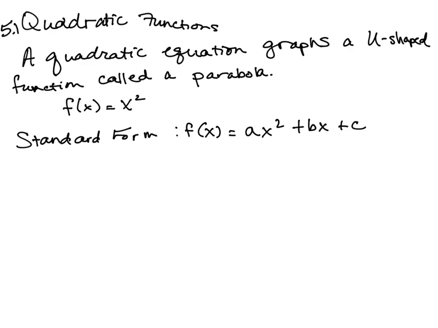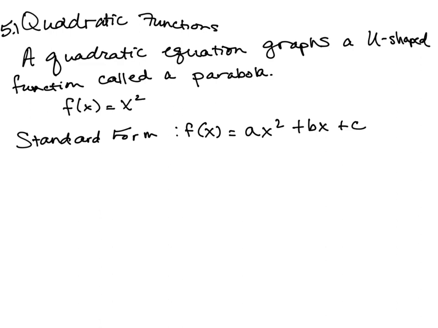But these parameters, that's what a, b, and c are called, tell us things about the graph of the equation. Whereas you've looked at this as solving for x, we're looking at it now as, what does it look like? What is the shape?